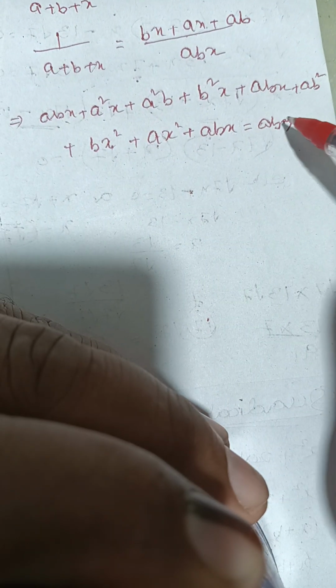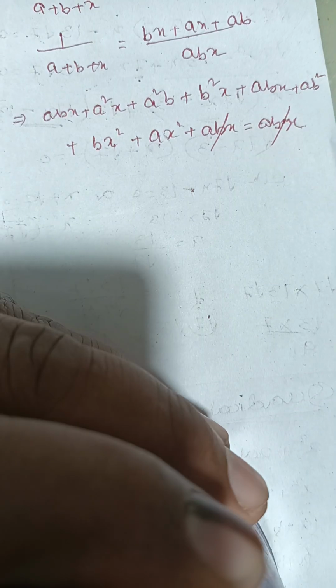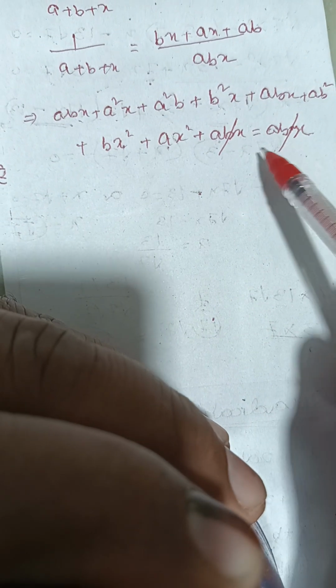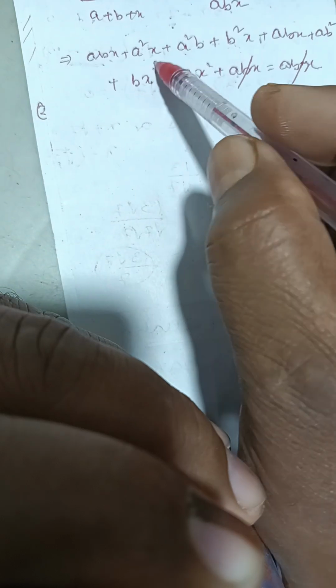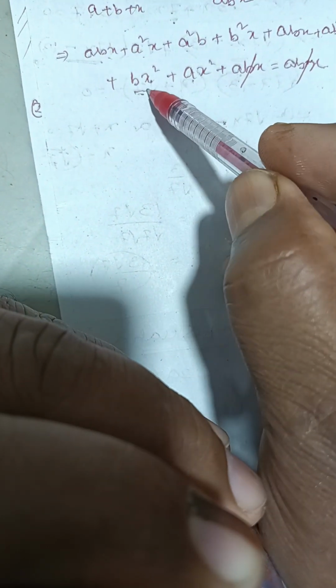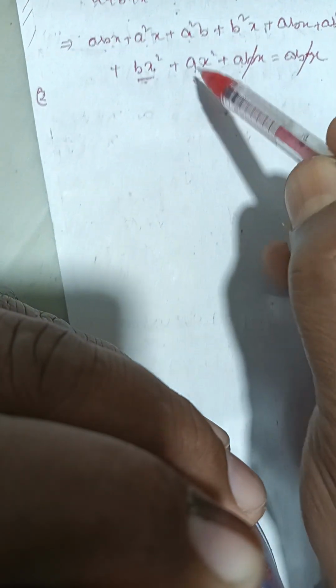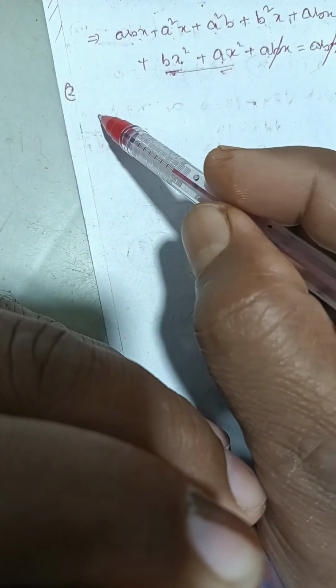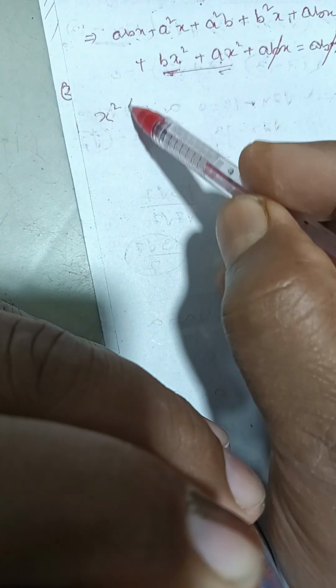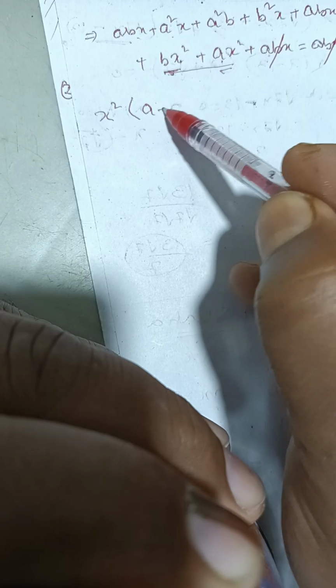This is x. Now you see abx cancel. If same thing remains in both sides, then it can be cancelled. Now you see it has x square, it has also x square. So I have taken x square common from here. X square is taken common, so a plus b left.